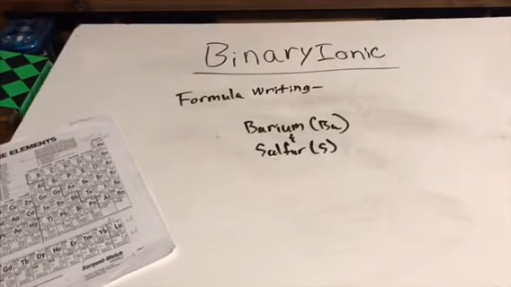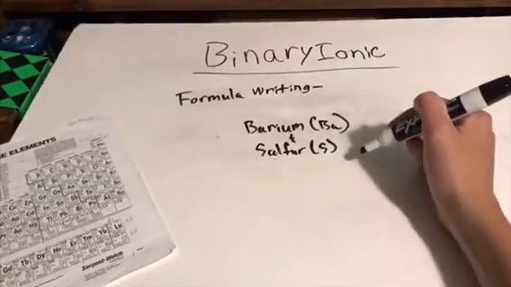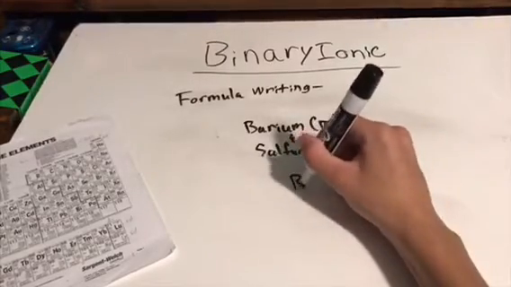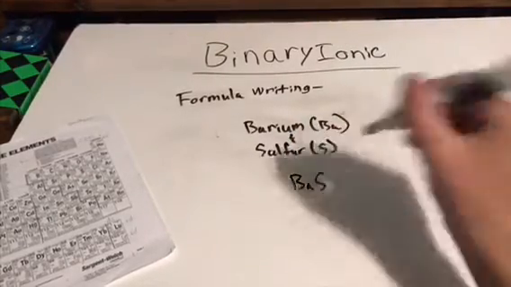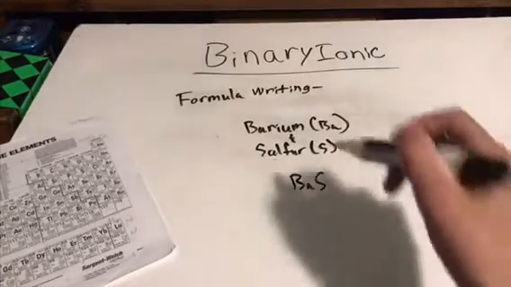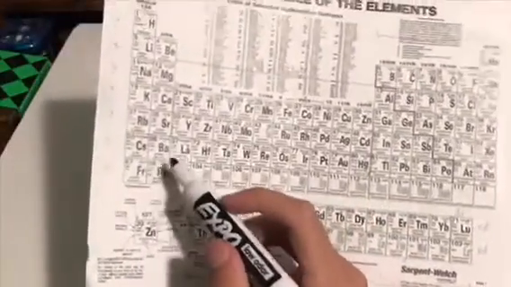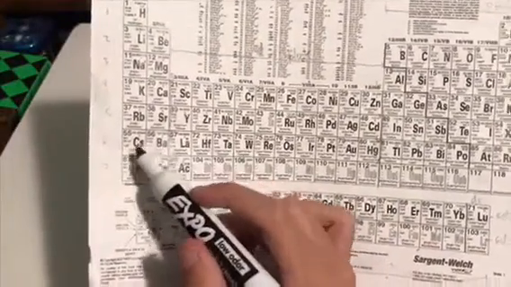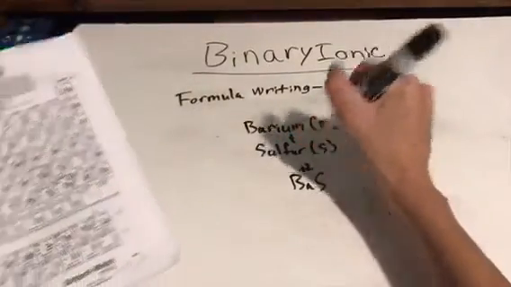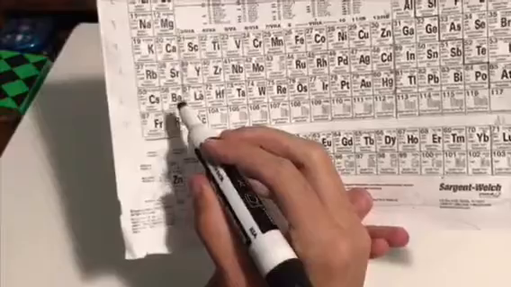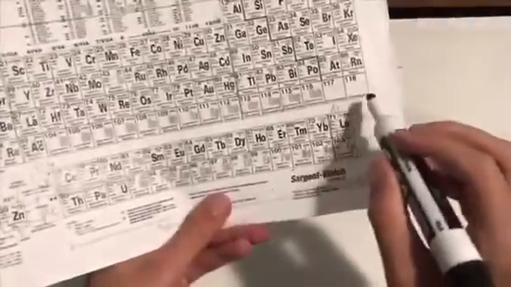For our next example, we have barium and sulfur. So first, write BaS, so you have the basic formula. Then go and fill in the charges. Ba, as you'd see right here, would be a positive 2 because it wants to lose 2 electrons.